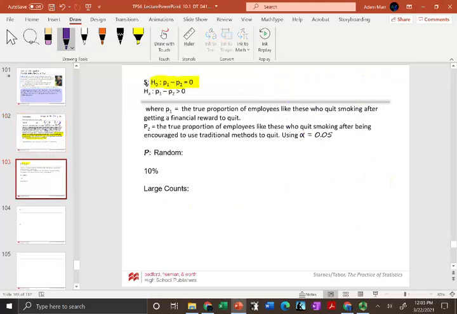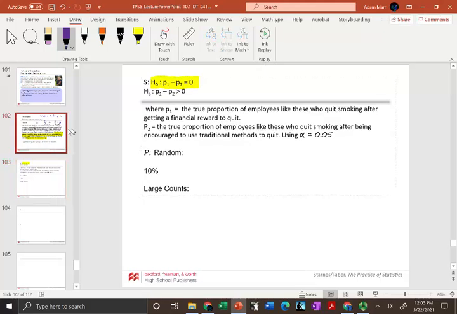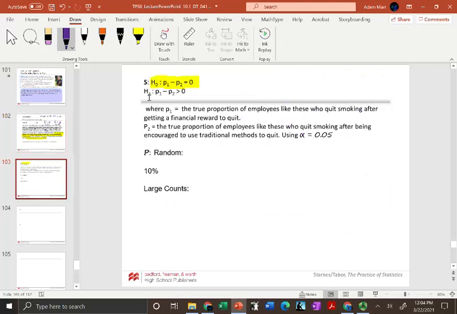Let's first do the state portion. So state, you can just put S. The null is that P1 minus P2 equals 0. Now I'm going to change it from 1 and 2 because I made a subscript. I said that P sub F is the financial group and P sub T is the traditional group, so I'm just going to change that.